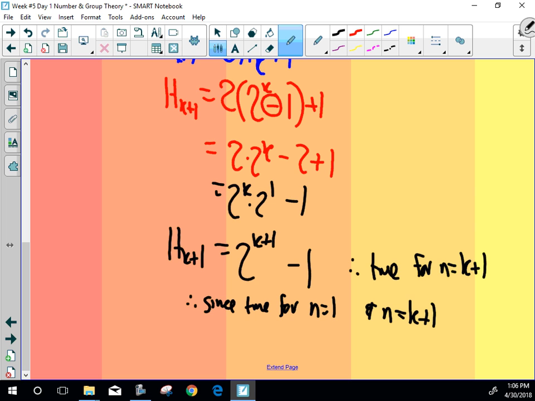N equal to k plus 1, then true for, and this is the part you need to include, n greater than or equal to what? What was our first term? 1, so by math induction. And don't spell it D-U-C-K.